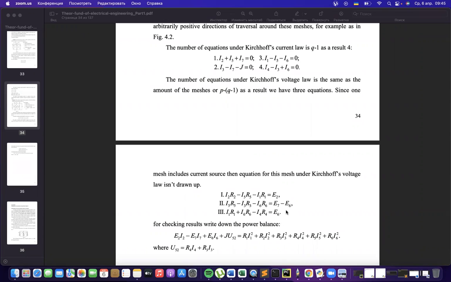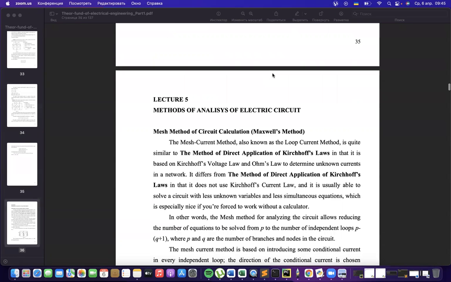One method is concentrated on mesh calculation, and it is called the mesh method. And the second simplification concentrates on nodes, on currents inside nodes. And this is why it's called the nodes method.